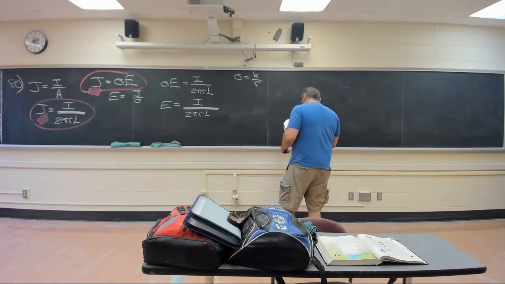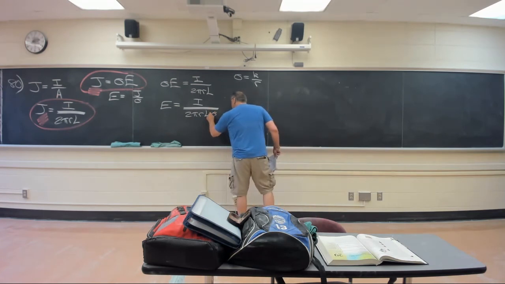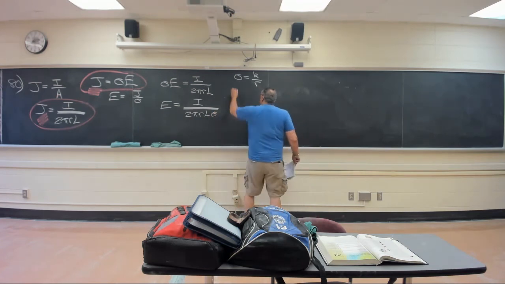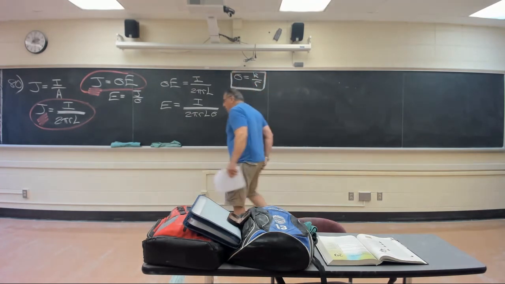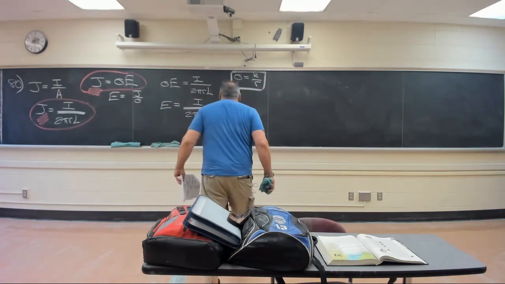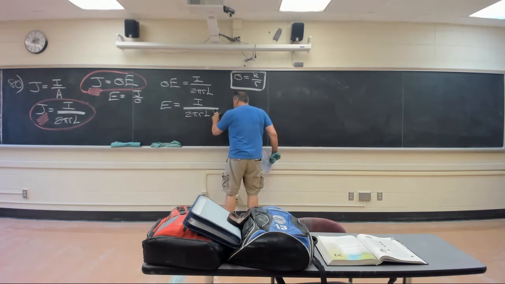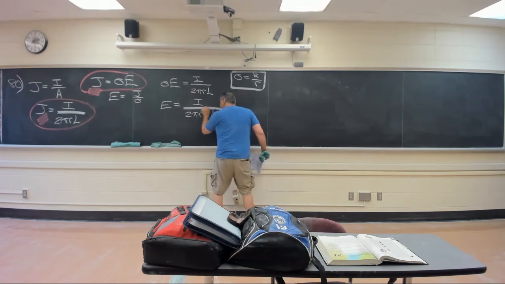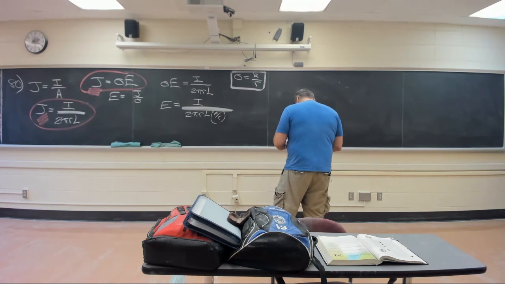So let me just, okay, we got that. Yeah, it looks pretty good. We've got this. I'm sorry, I should have put a sigma right there, and there it is. And we know sigma is this. Sure, okay. Well, if that's the case, k over r is this. So how does that all play out?